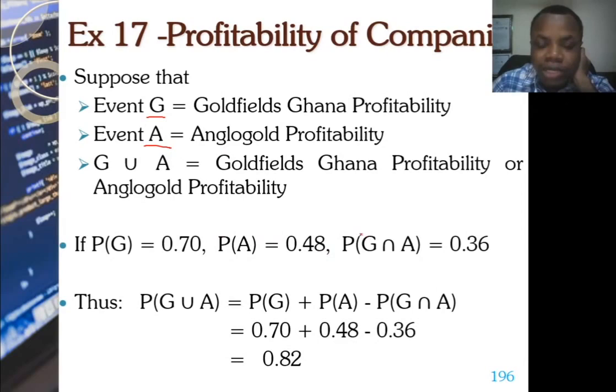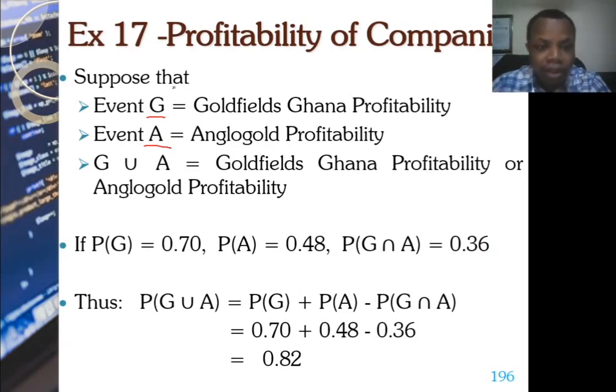Now, in situations where they do some sort of collaboration, that is their intersection between Goldfields and AngloGold, we could think of it as something they have in common, and that brings about 36%.